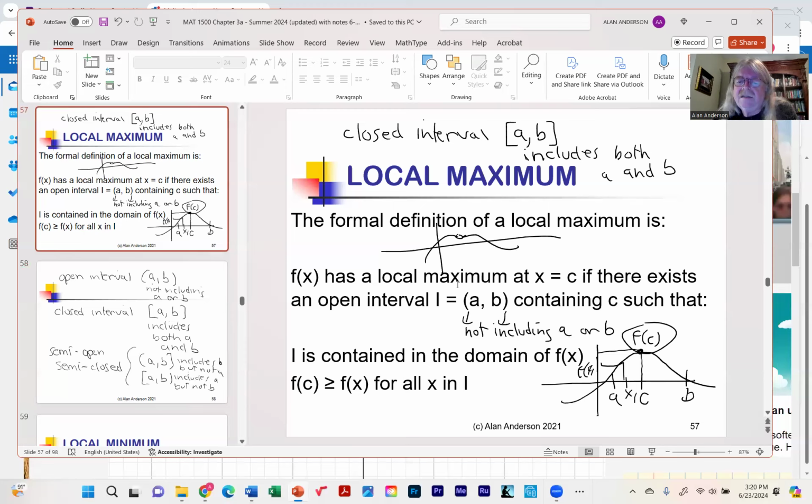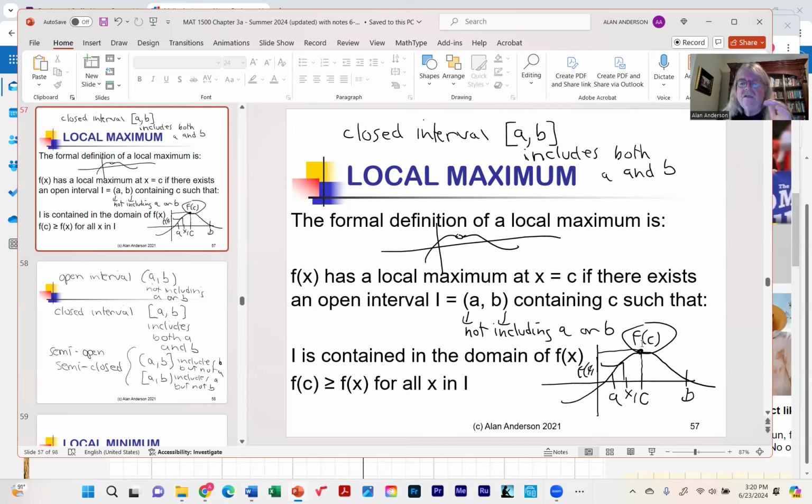But for everything inside that interval, if we find a c such that the function has a larger value nowhere in that interval, then that point c is where we find our local maximum. In other words, within this interval from a to b, the function never gets any larger than f of c.